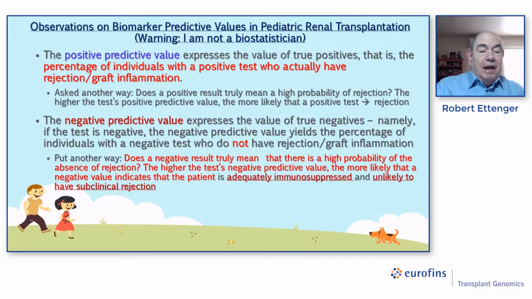Put another way, the question can be asked, does a negative result truly mean that there is a high probability of the absence of rejection? The higher the test's negative predictive value, the more likely that it indicates that the patient is adequately immunosuppressed. And I stress those words, adequately immunosuppressed and unlikely to have subclinical rejection.